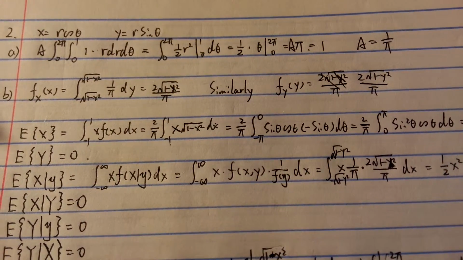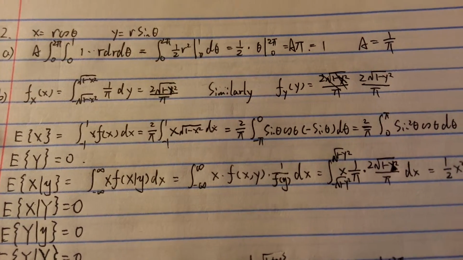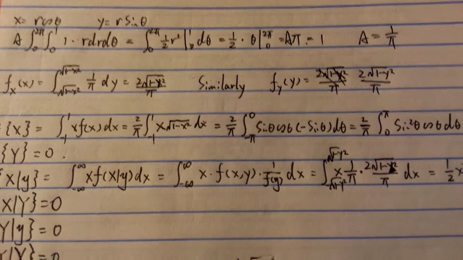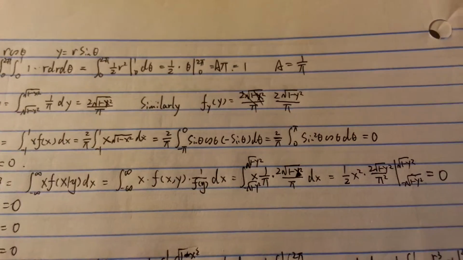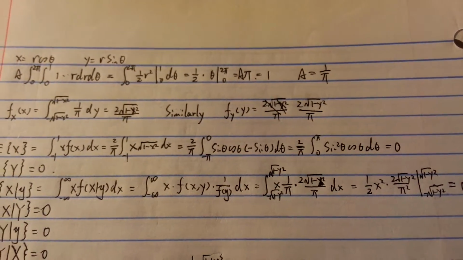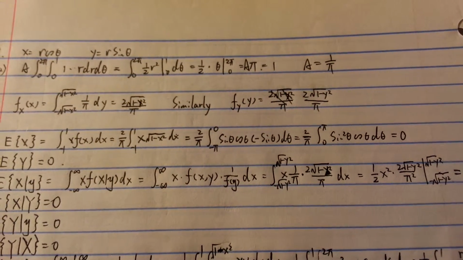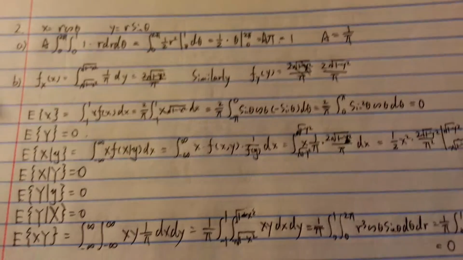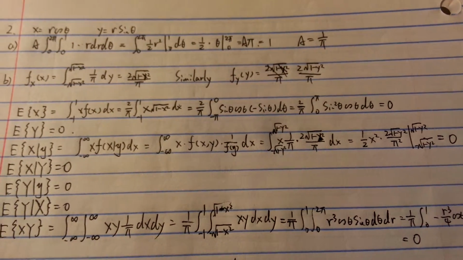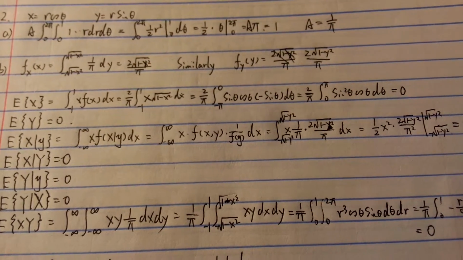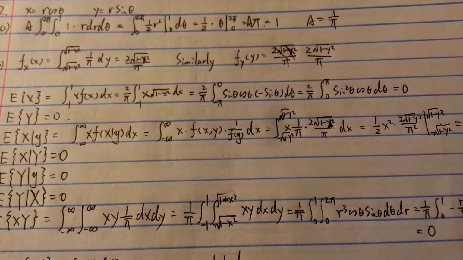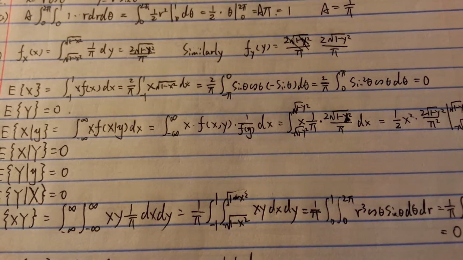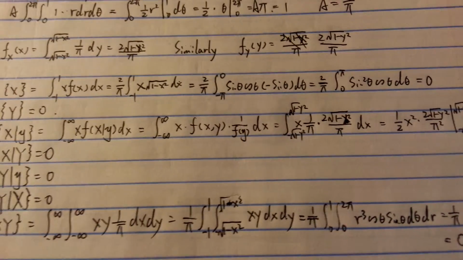In this case, we get the density functions fx and fy, so we can get the expectation of x. And what we get, you can just see on the paper, is 0. Similarly, because the density functions of x and y are the same, the expectation of y is also 0. Then we need to find the conditional expectation of x under the condition of y.